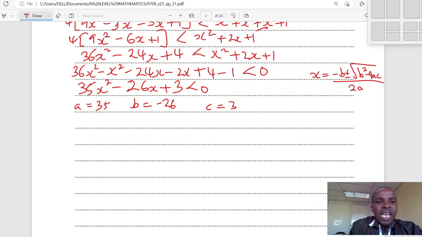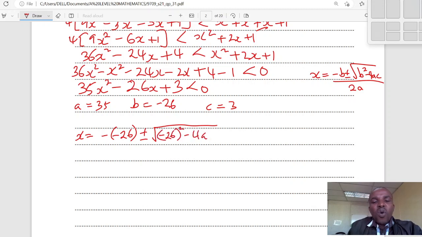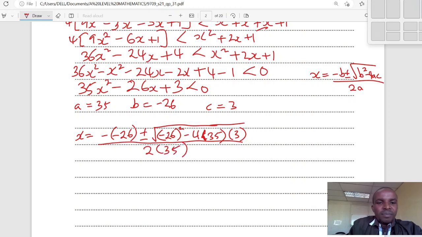I can say my x here is equal to negative b, with b being negative 26, plus or minus the square root of b squared, which is minus 26 squared, minus 4ac. What is my a? It's 35. Then my c is 3. All over 2a, which is 2 times 35.